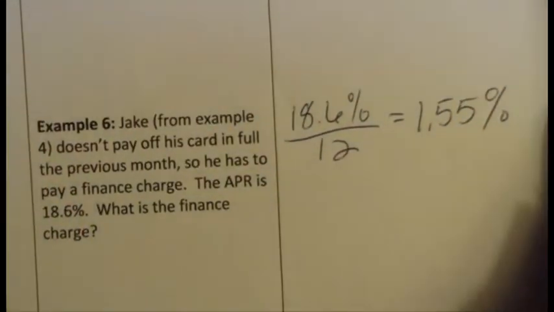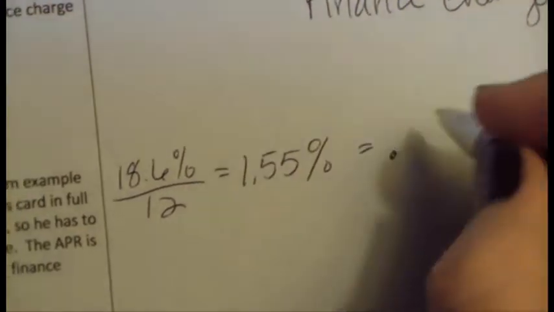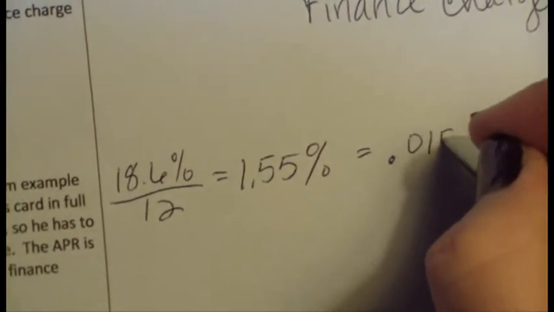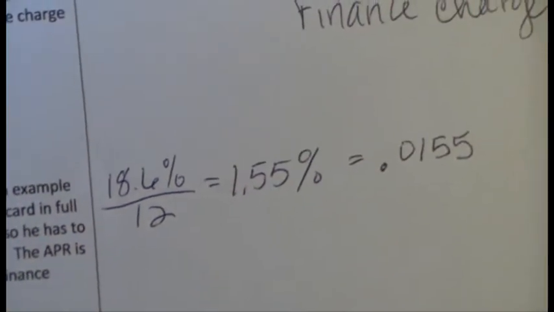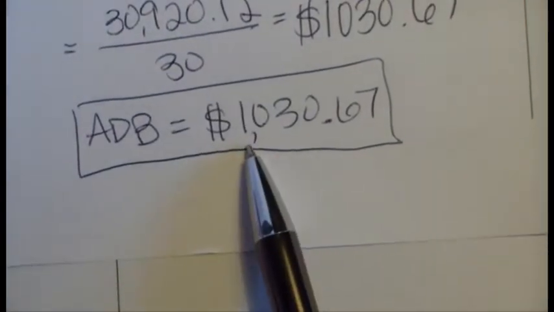Which means as a decimal, if we move our decimal place 2 to the left, that's going to be 0.0155.